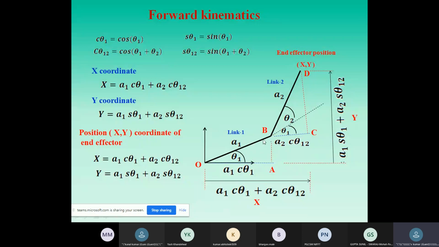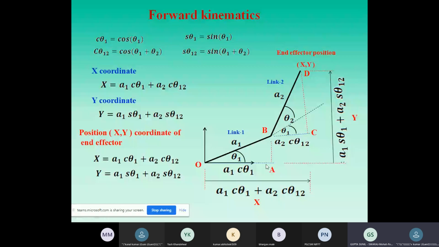For link 1, you find the projection along the x axis as OA. What is OA? This is A1, and theta 1 is given, so OA will be A1 cos theta 1, that is A1 c theta 1. Then for link 2, the projection along the x axis.